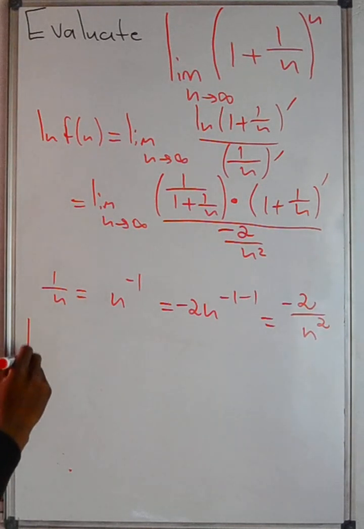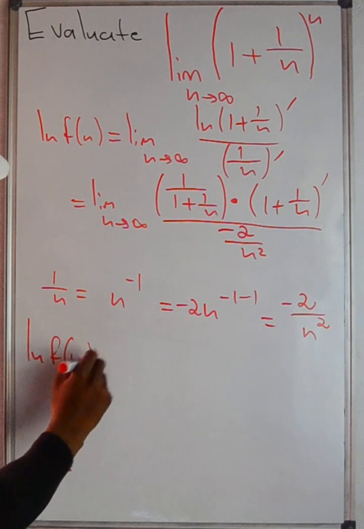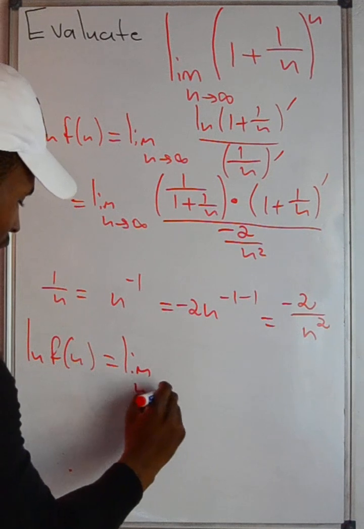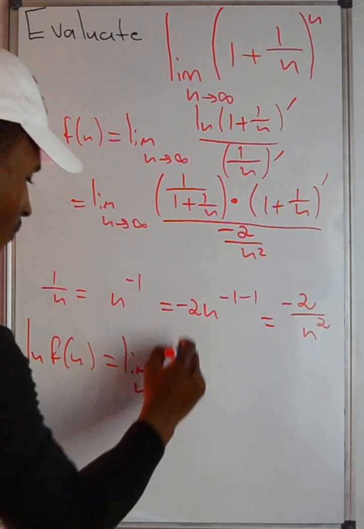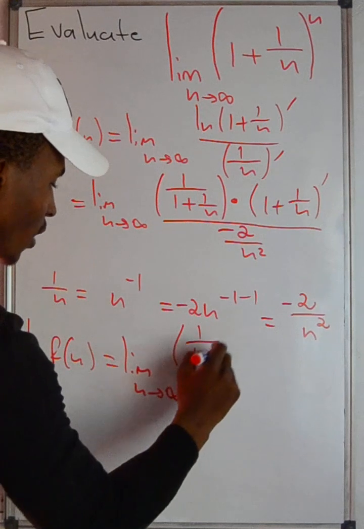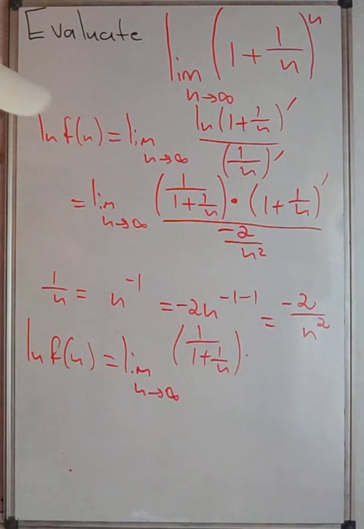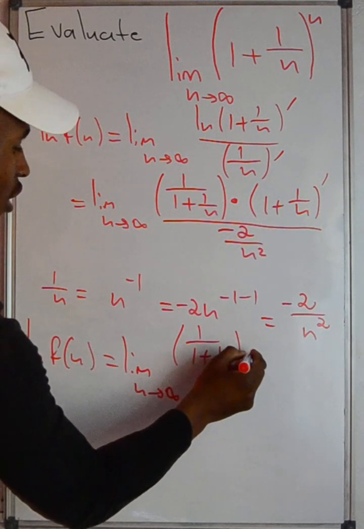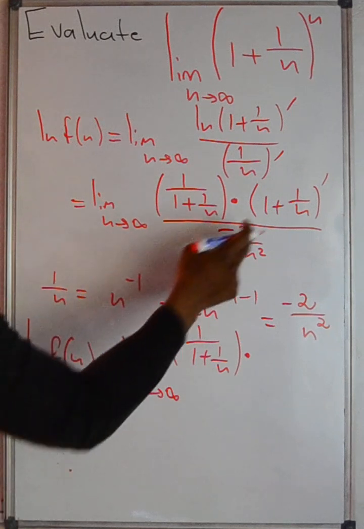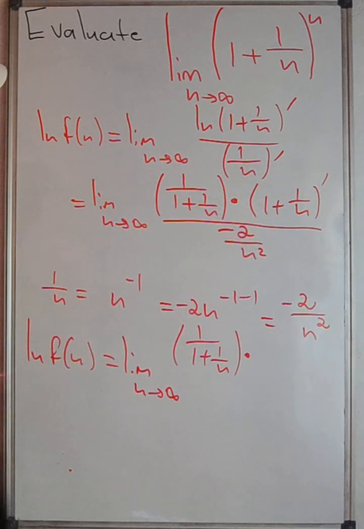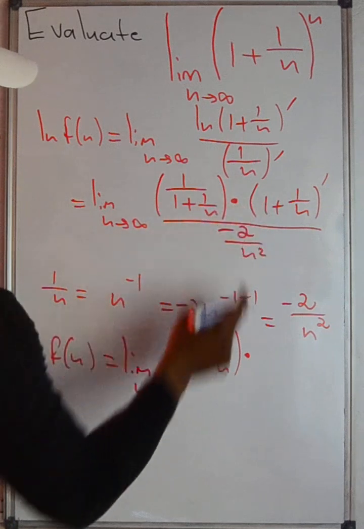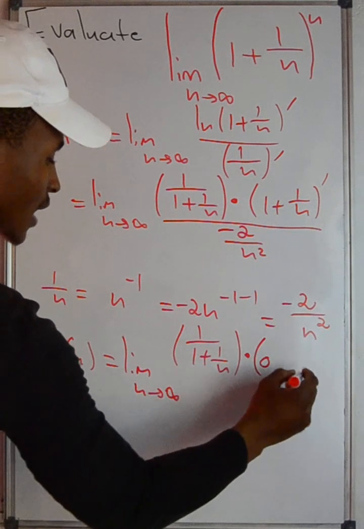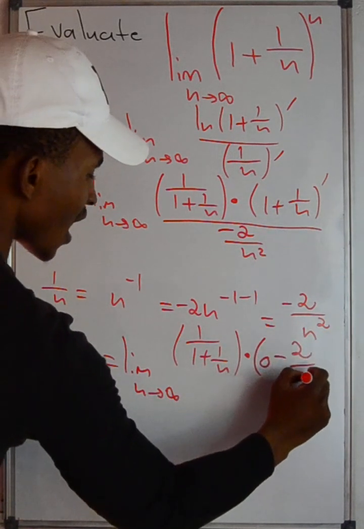So now check. Ln of f of n is equal to what? It is equal to the limit of n approaching infinity of 1 over (1 plus 1 over n) multiplied by the derivative of the function inside the brackets. If we differentiate the constant 1, it gives us 0 here. And when we differentiate this, we already saw that we are going to get minus 1 over n squared.